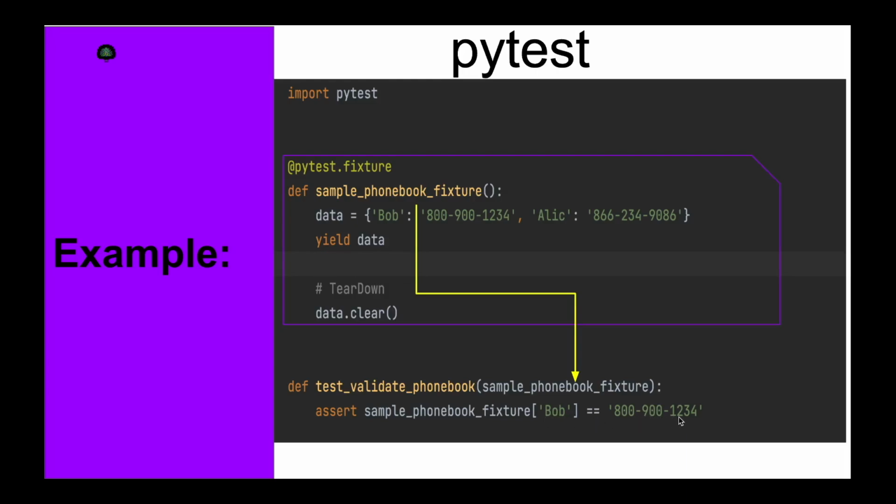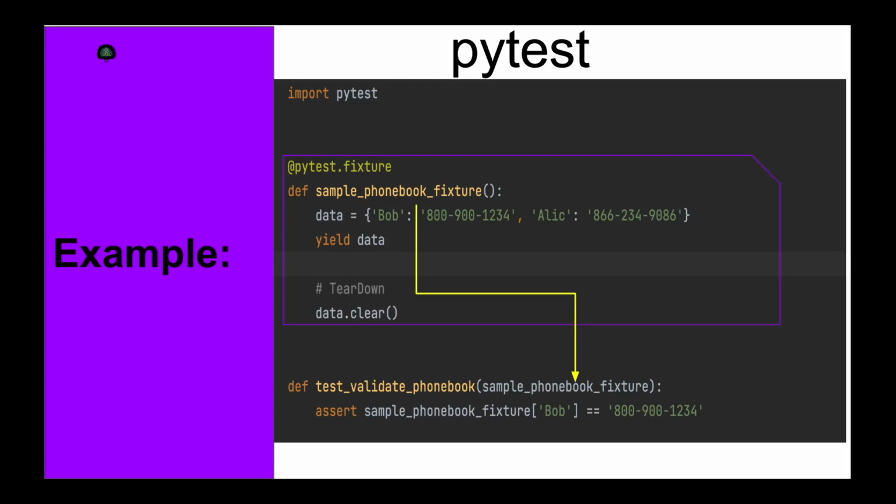The expected phone number is this. I am asserting this, and if this is valid, my test is going to pass. Once your test is done, it calls back this data.clear, that's the tear down step, meaning you are cleaning up your test data. This is just an overview of how it works, how you set up your test data and how it is going to tear down your test data.